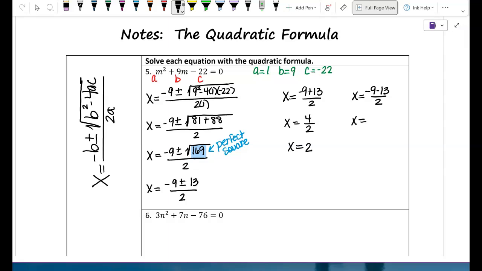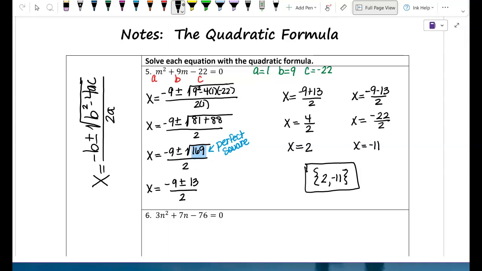What is negative 9 minus 13? So negative 22 divided by 2, x equals negative 11. So that is the other spot where my function crosses the x-axis. So my solution would be positive 2, comma, negative 11.